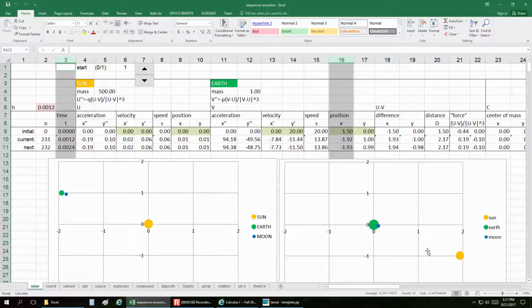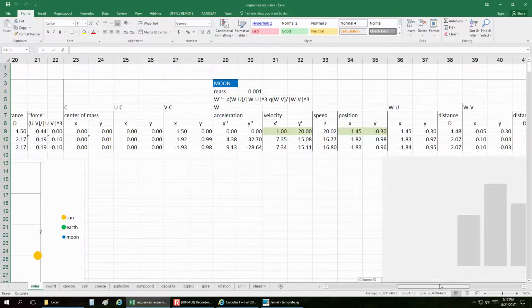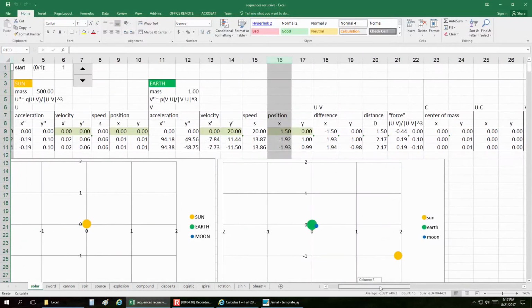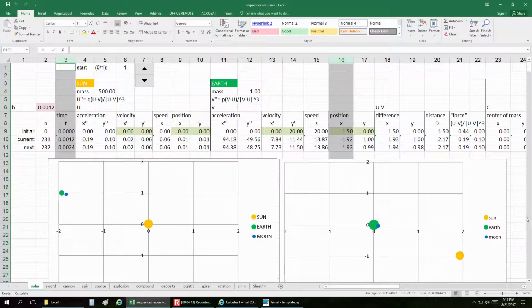Similarly, you have the y position for the Earth, and then you have x and y positions for the sun and for the moon over there. Okay, so there's a moon there too. So that's how functions come up.